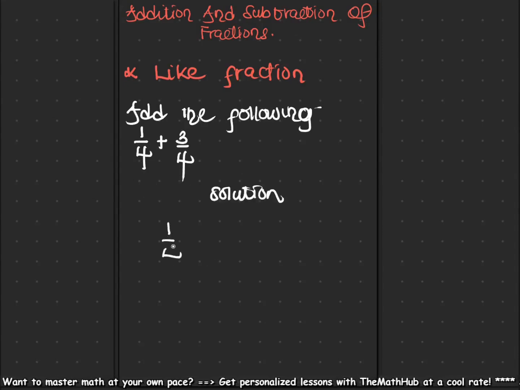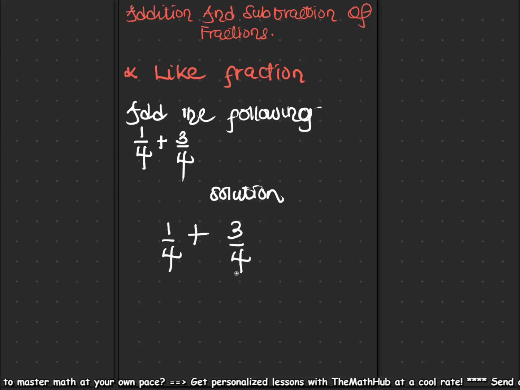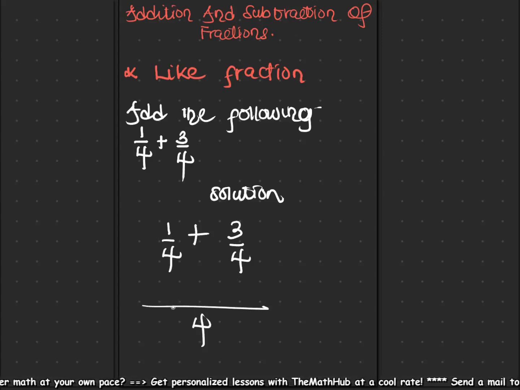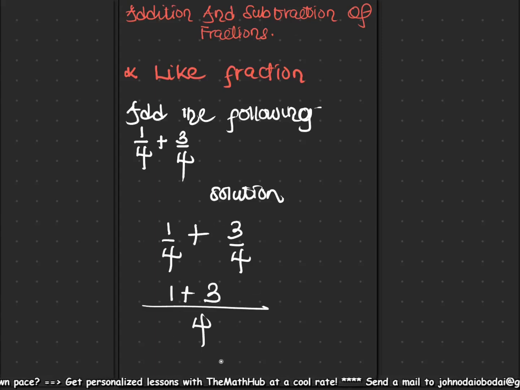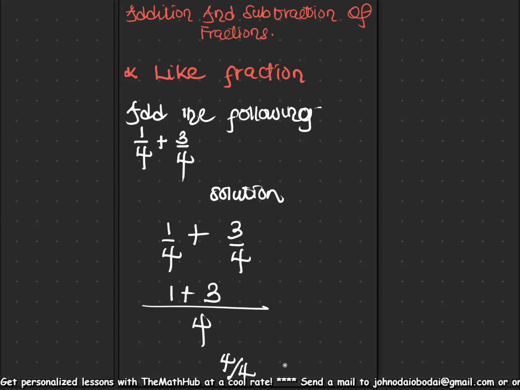For 1 over 4 plus 3 over 4, since the denominators are the same, we just write one of them and then add the numerators, that is 1 plus 3. And we know 1 plus 3 gives us what? 4, which gives us 4 over 4. And we should now simplify. So 4 over 4 simply gives us 1.